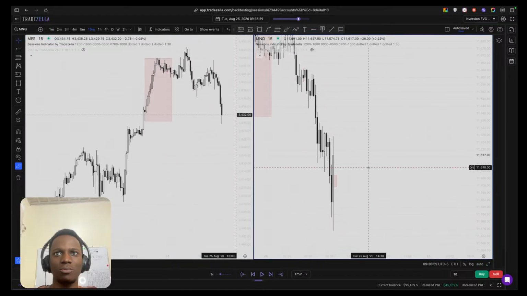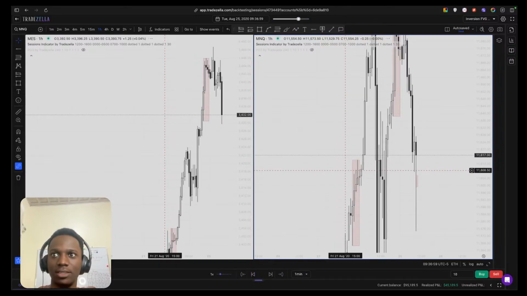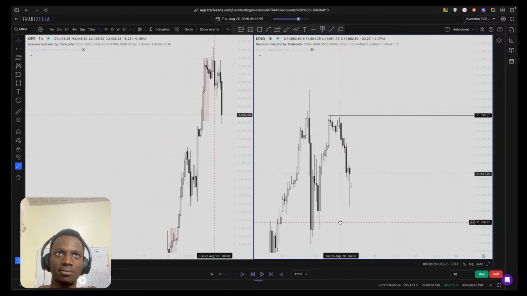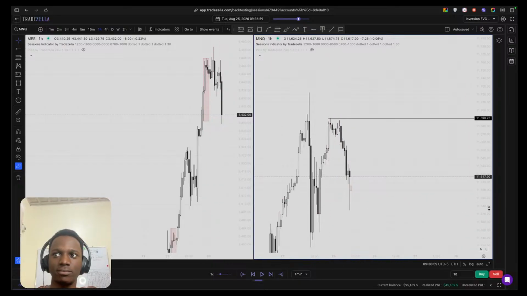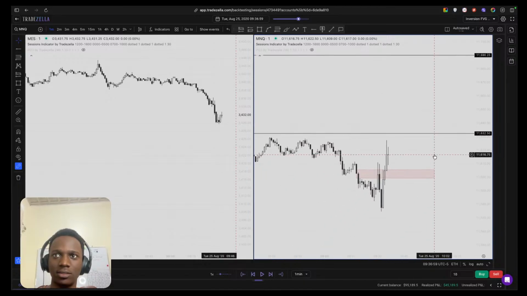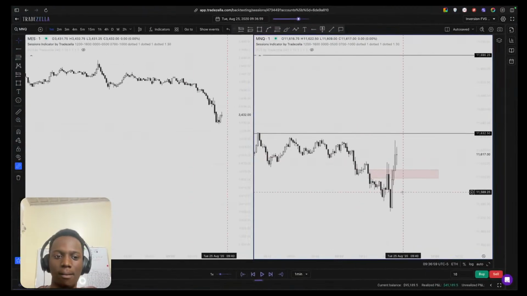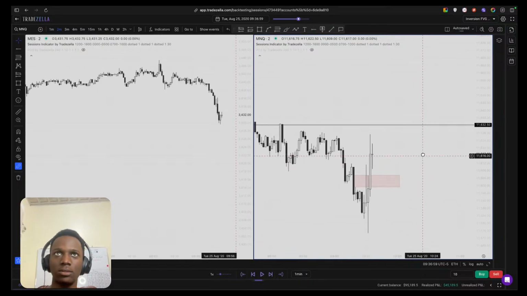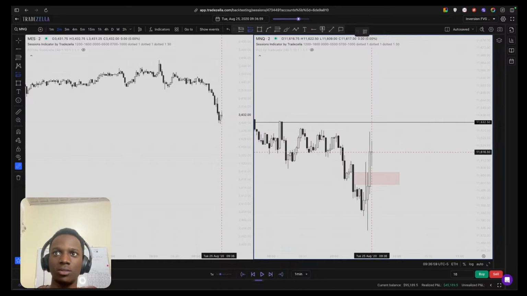I don't think this will be very A plus because there is no liquidity run, but this will be a good draw here. So it will be some long like this.